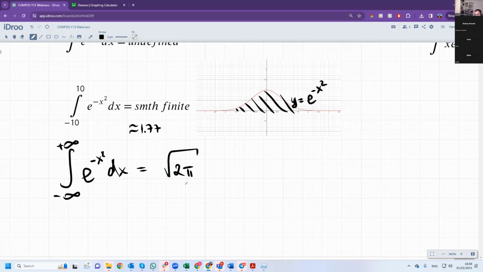Okay, well, not that close, but it's approximately 2.51. Interesting. What if we do 100? I'm doing the same integral, but from minus 100 to 100. Let's see if the calculator can do that. We'll leave it working it out.